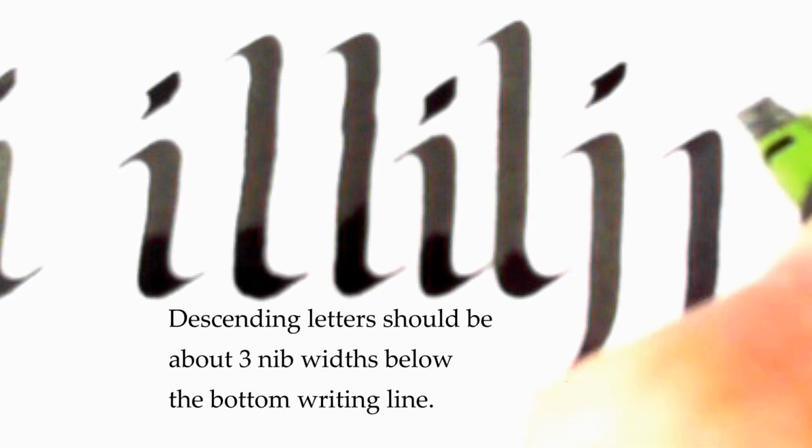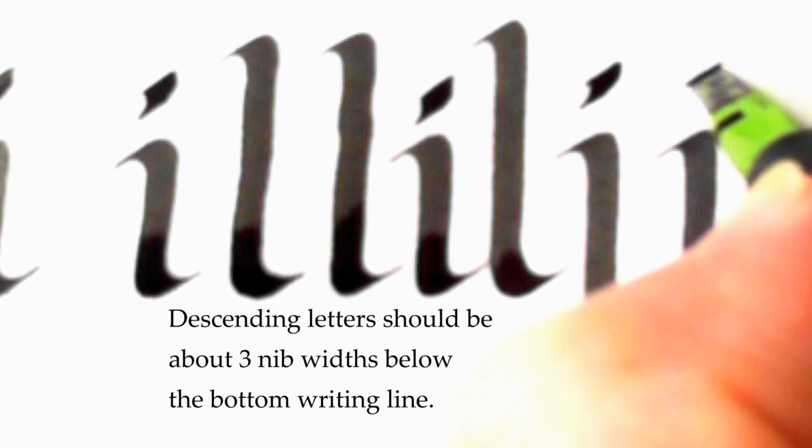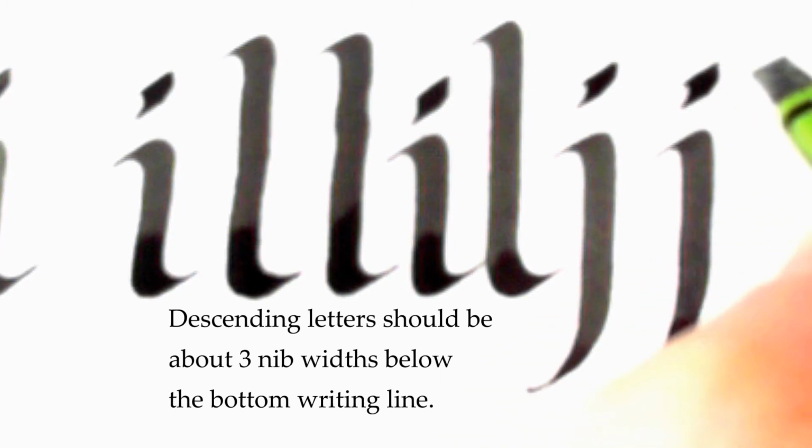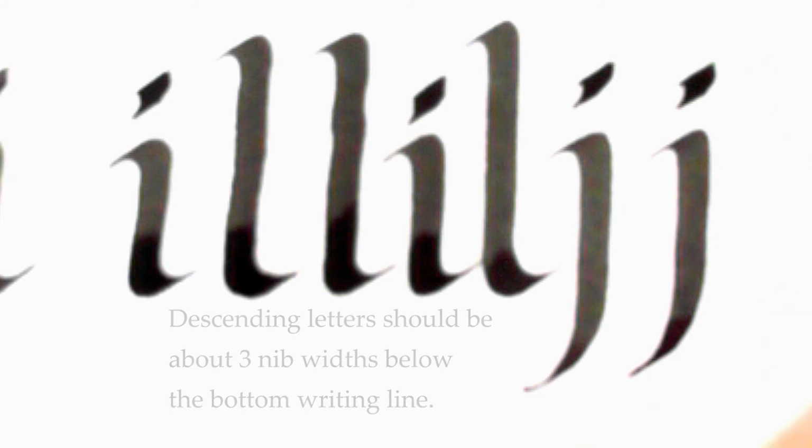Swing out like that. Okay, now that's the I, L and J. Don't just do 3 of them each. Do 2 or 3 lines of them before you go on to the next set of letters.